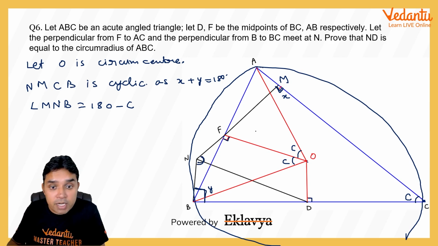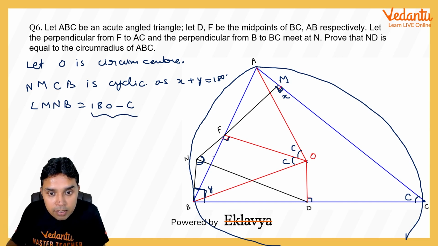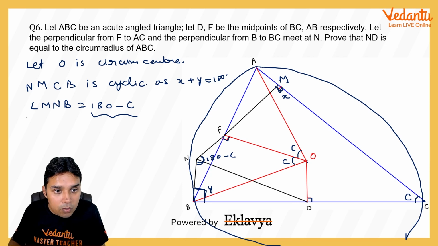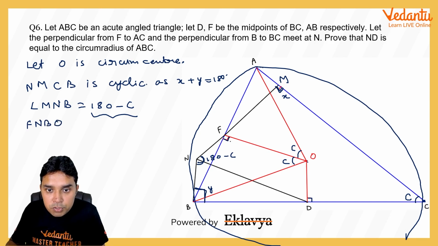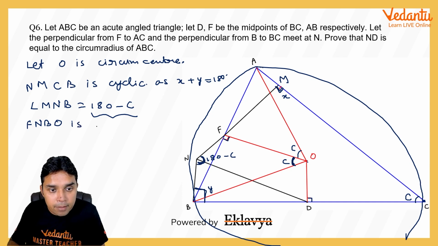Now one very important thing that can be observed from here: let me write this angle as 180 minus C, and you can see now that quadrilateral FNBO, let me check. Yes. The sum of two opposite angles is again becoming 180, so it is cyclic once again.